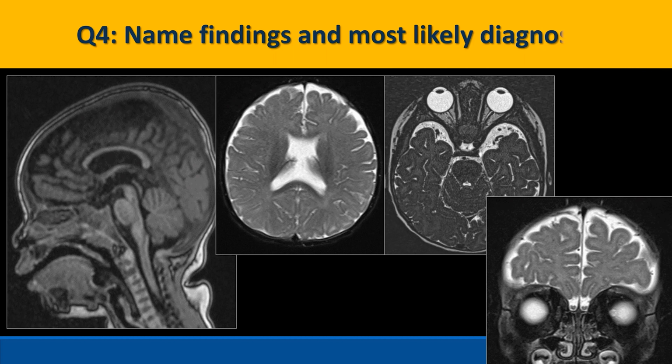Yes. And what else do you see, or don't see, on the axial T2? Is this all one patient or is it four separate? This is one patient. Okay. I don't see any evidence of the septum pellucidum. And then the third image looks like very hypoplastic optic nerves.